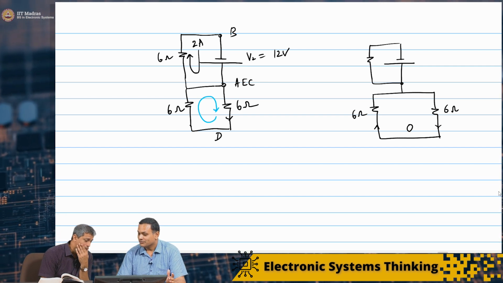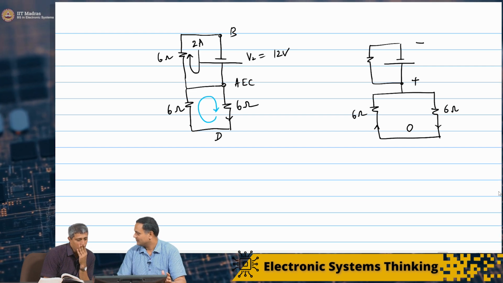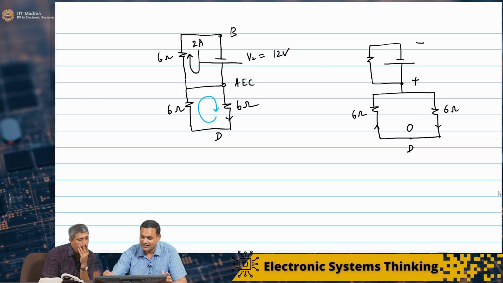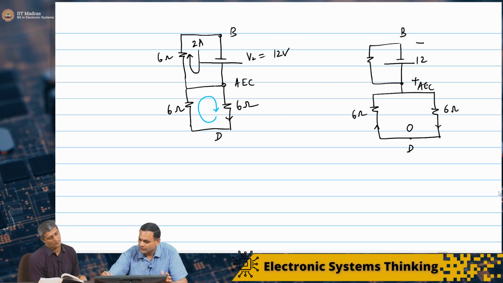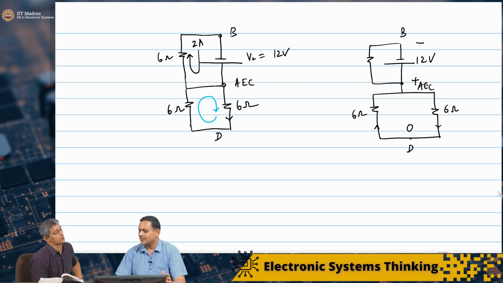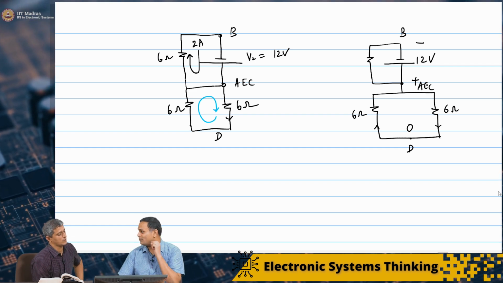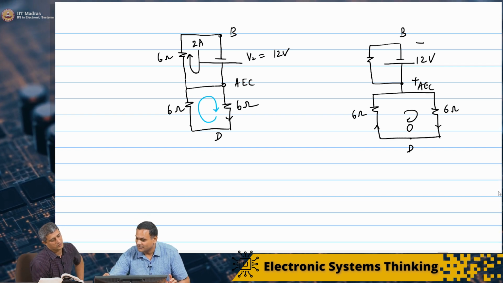There is a potential difference between this node and here. This was B and this was AEC, so AEC is at 12 volts with respect to B. There is no current flowing in this loop, so this current is 0.